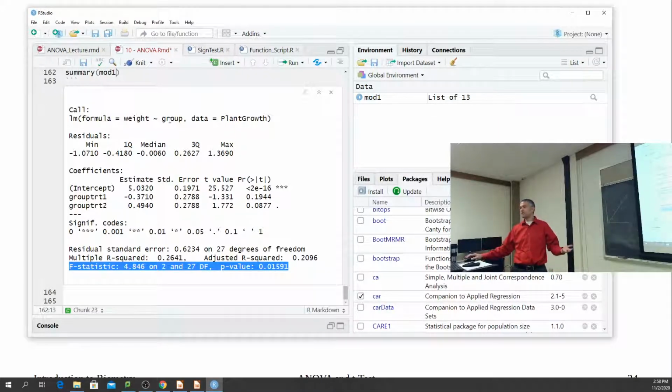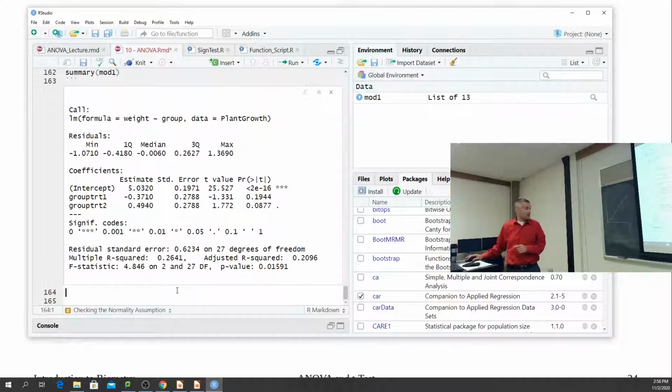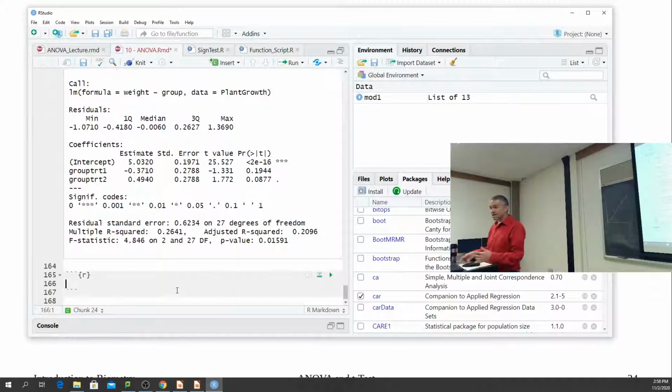Now, that's a long way to look at it, but I know in graduate level stats, we kind of look at this as a measure of should we include group in the model or not? And this clearly says it is. But for us, we're interested in that ANOVA table because that's what we're going to use.